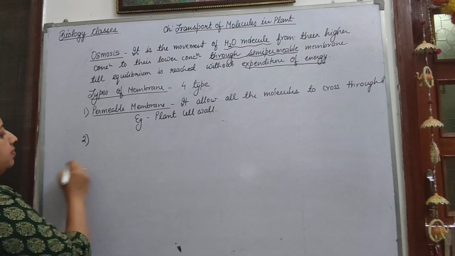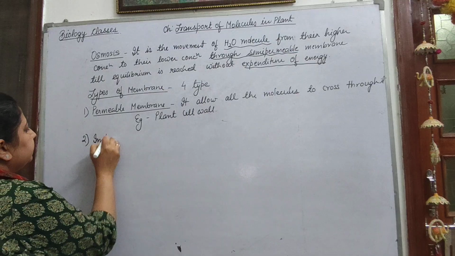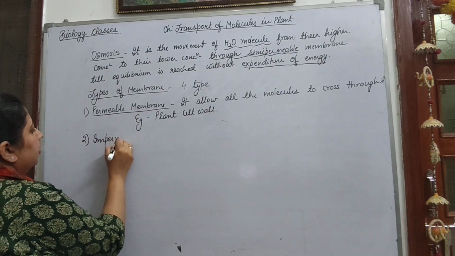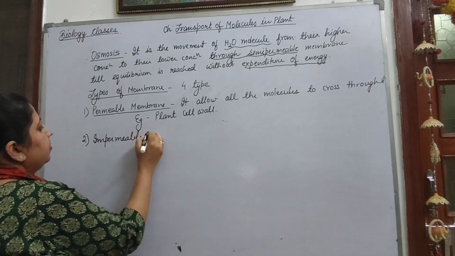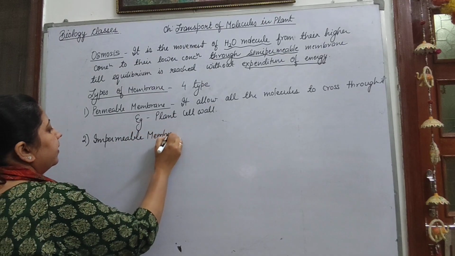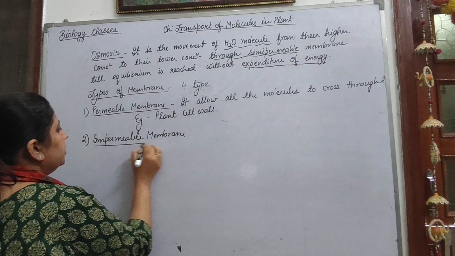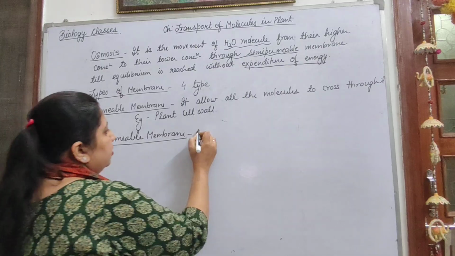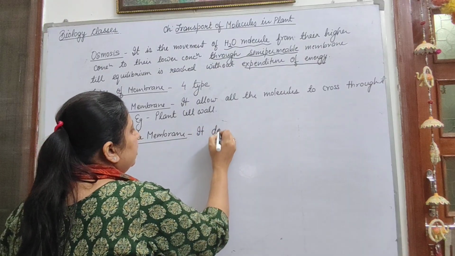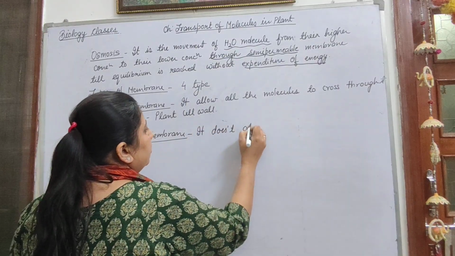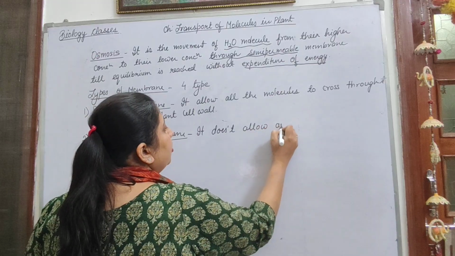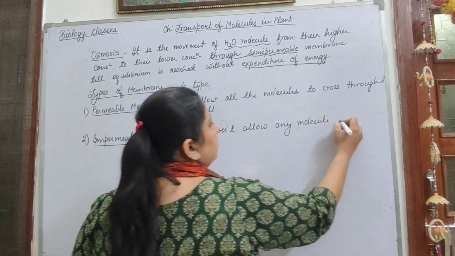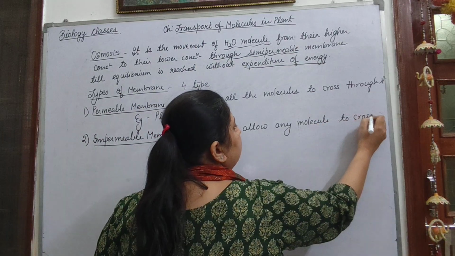The second type of membrane is the impermeable membrane. Impermeable means it doesn't allow any type of molecule to cross through it.